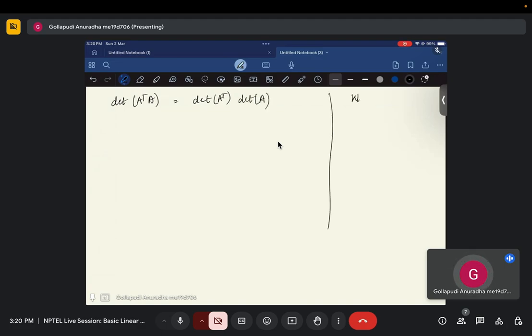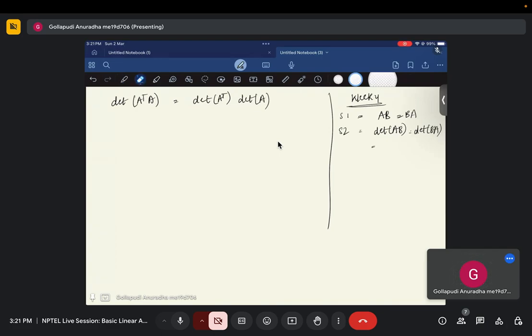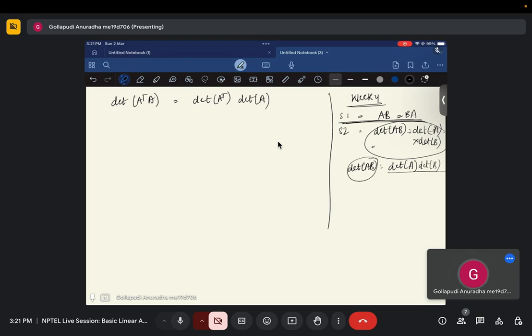If you have seen the week 4 session, I gave a question with statement 1 as AB is equal to BA, and statement 2 as determinant of AB is equal to determinant of BA, which is determinant of A into determinant of B. Though matrix multiplication may not be commutative, the determinant of AB can be written as the determinant of A times the determinant of B. We saw it by splitting it into elementary matrices.